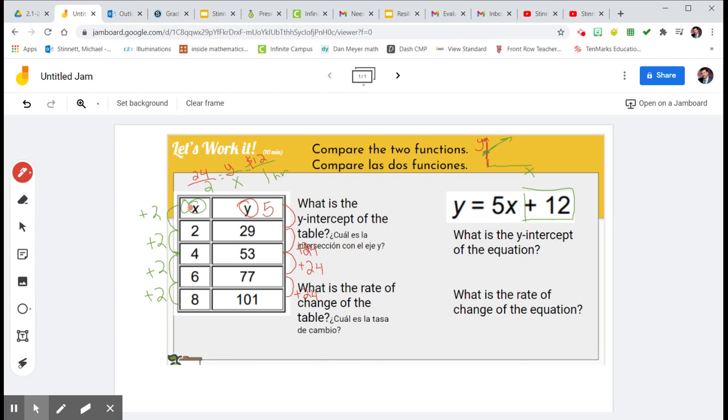If I worked 0 hours, I'd already have $5. Maybe they give me a signing bonus or something, $5. Or I already started my trip 5 miles away from my house before I needed any gas or something like that, right? So that's what this 5 means. I didn't have to do anything yet to get to this 5.